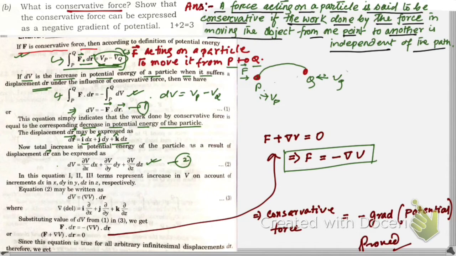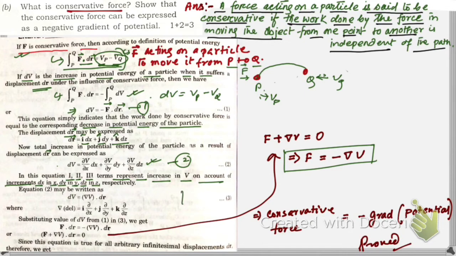Then these three terms, first, second and third, represent the increase in V, that means the potential energy, on account of the increments dx in x, dy in y, dz in z, right?